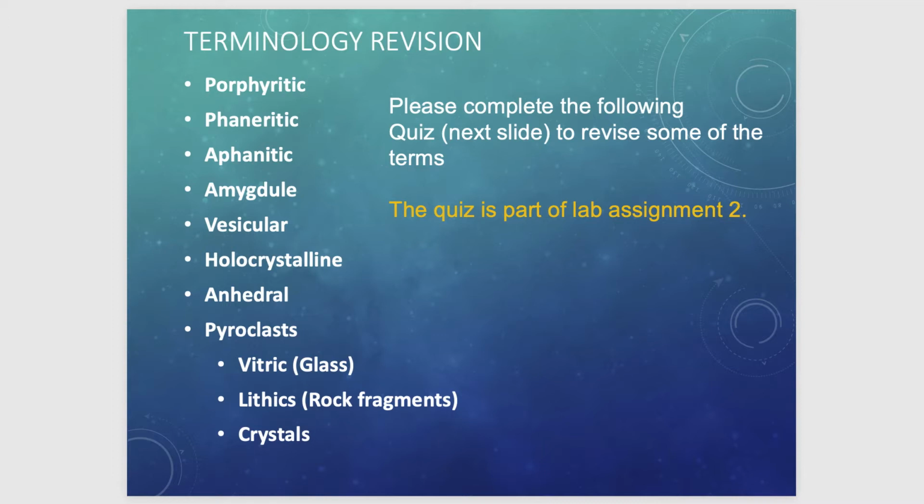Phaneritic, if you remember, phaneritic rocks are rocks like granites or diorites or gabbro. So rocks that have a mineralogy that you can recognize easily with a naked eye. So that means that crystals are well developed usually.